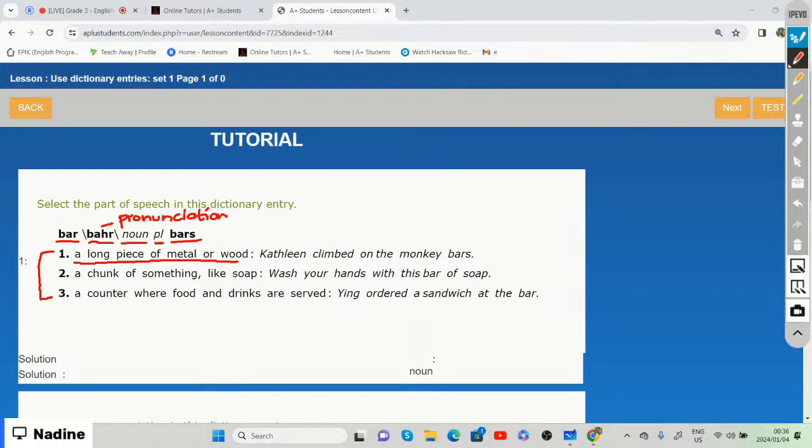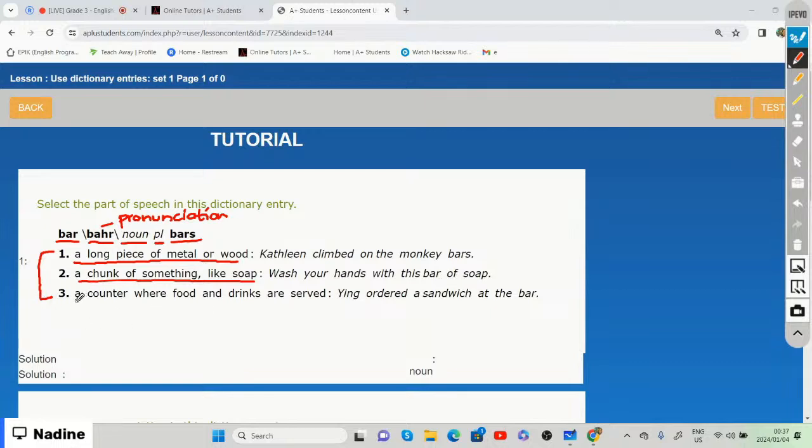Then the second meaning is a chunk of something like soap. So if maybe they say, let me buy soap, they'll say, let's buy a bar of soap. So then an example is, wash your hands with this bar of soap.